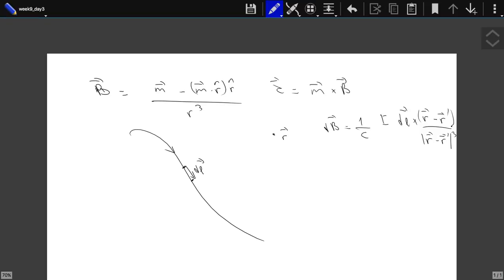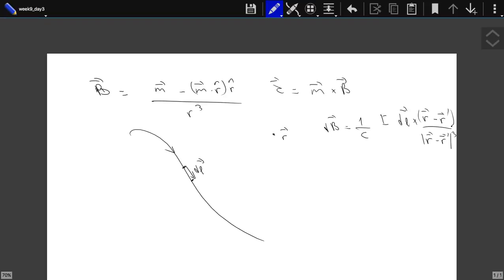Now, in the case of the magnetic induction, the source is the current and dl, and the direction of the current is important, or in a sense, it's the moving charges. It's not just the charges, but the product of charge times velocity, which is the source of the magnetic induction. And this magnetic induction is perpendicular to both the dl and this radius vector.